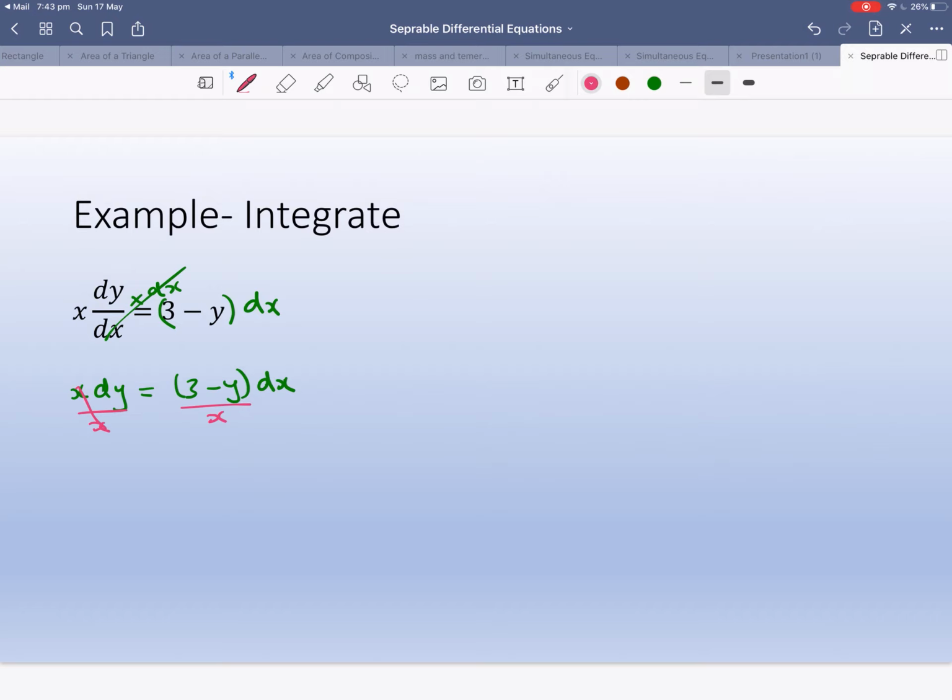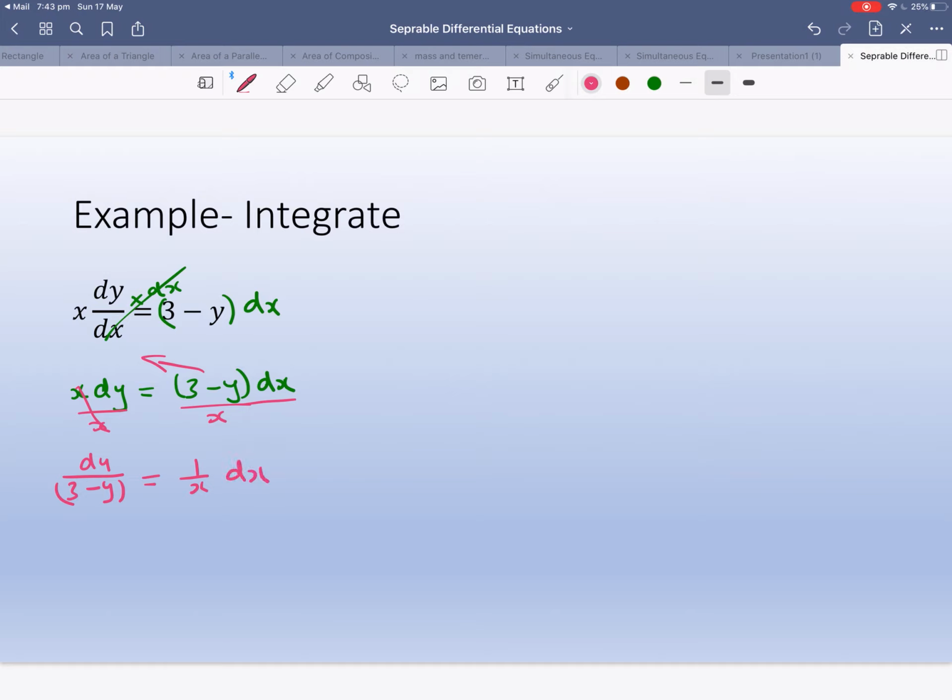And the other thing I'm going to do is at the same time move this one over there by dividing as well. So I'm left with dy over 3 minus y is equal to 1 over x dx.